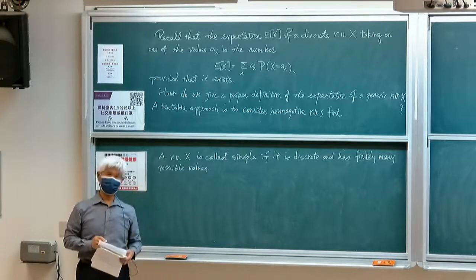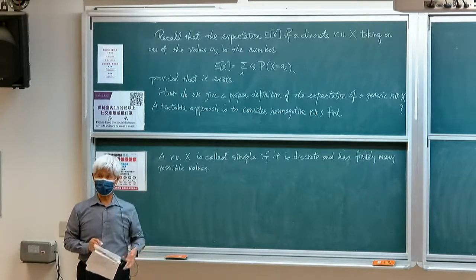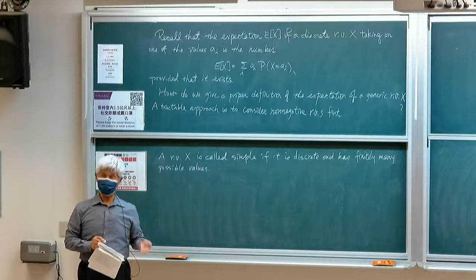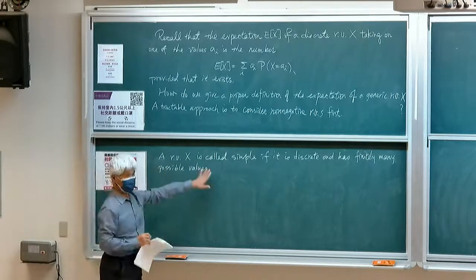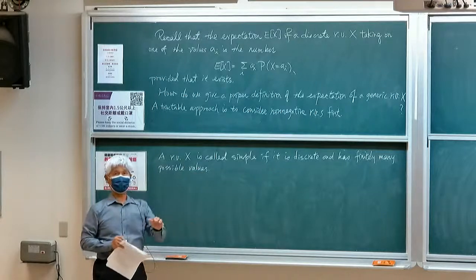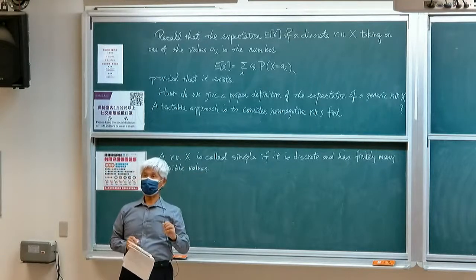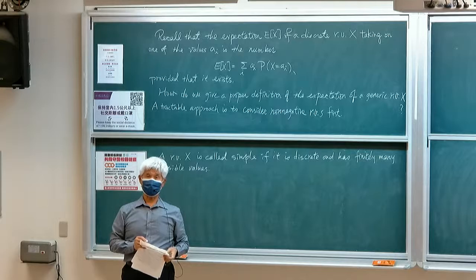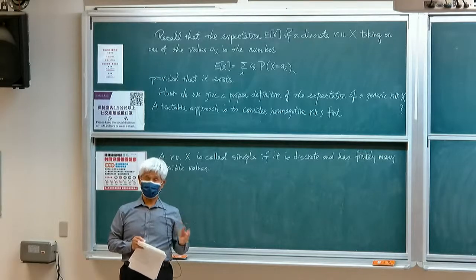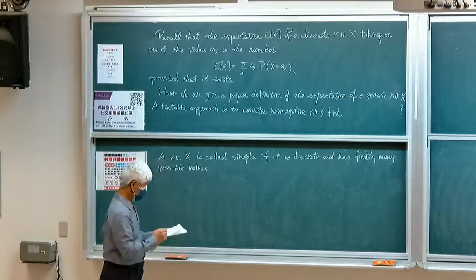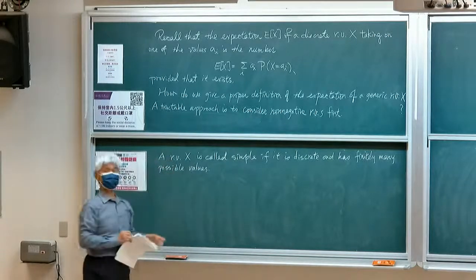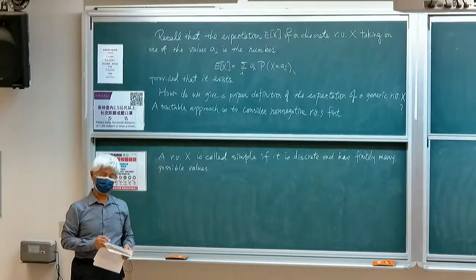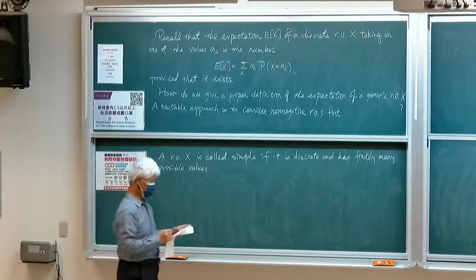So, for example, the value can be arbitrary integers. But for a simple random variable, we only consider discrete random variables which have only finitely many possible values.